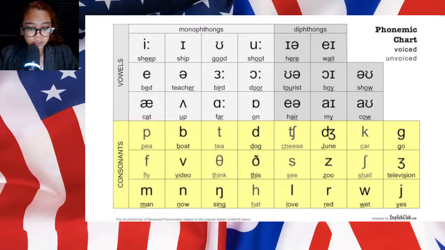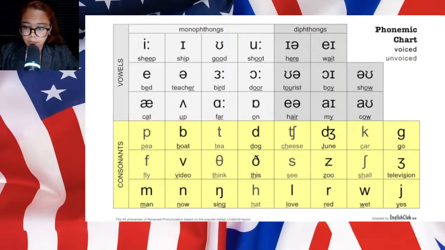Now, a quick reminder: if there is a colon beside the symbol, like the first one, and there's also a colon here, here, here, and here, then that represents a long sound. So you try to speak it longer. E, ship. Oo, good. Ooh, shoot.